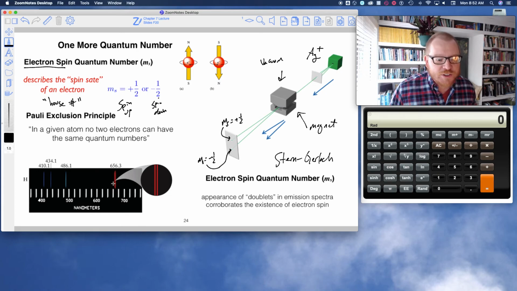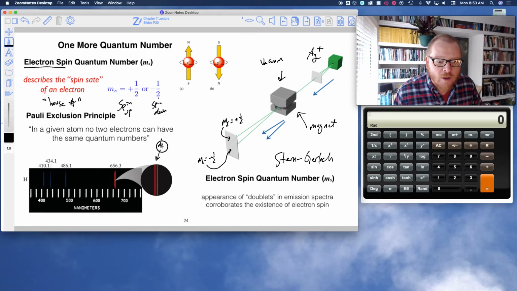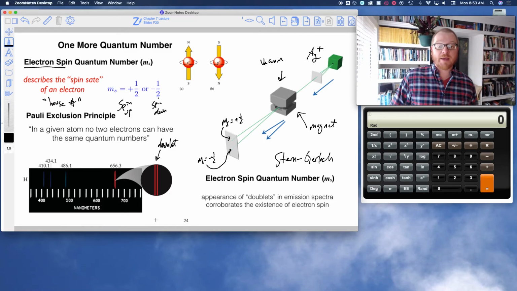So if you were to zoom in on these lines, remember, these are the lines that we would see from the spectrum, from the different energy levels, then as it turns out, that spin up or spin down can make just a slight, tiny difference in the energy level diagrams. And what it gives you is what we call a doublet. That doublet corresponds to the fact that one line is spin up and one line is spin down, and they exist with equal probability.